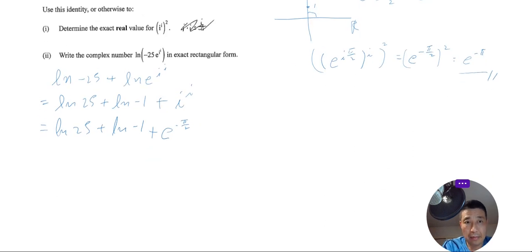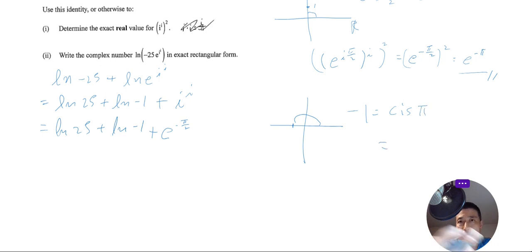Now, negative 1 stays here. As polar form, r is 1, right? So negative 1 is equivalent to 1 cis pi.